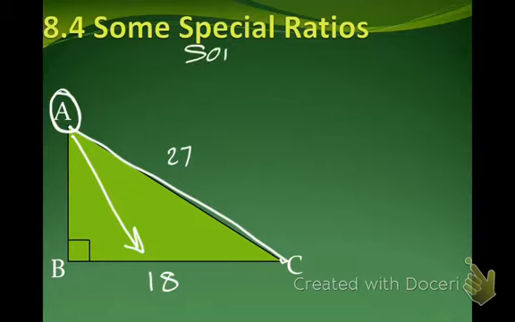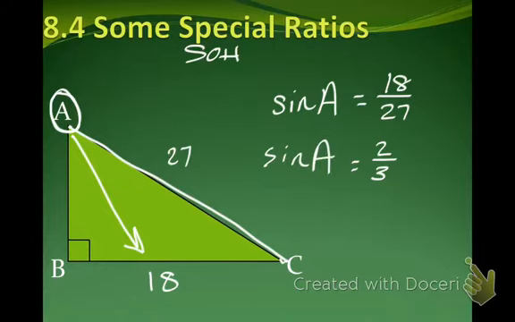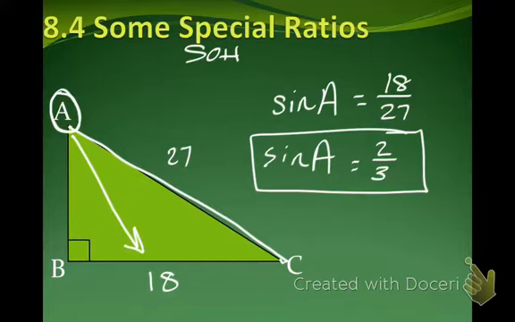And SOHCAHTOA tells me that opposite over hypotenuse is sine. So the sine of measure A equals 18 over 27, or if I simplify that, 2/3. So the sine of A equals 2/3. And that's great. That's the first part of your assignment today, is doing just that.